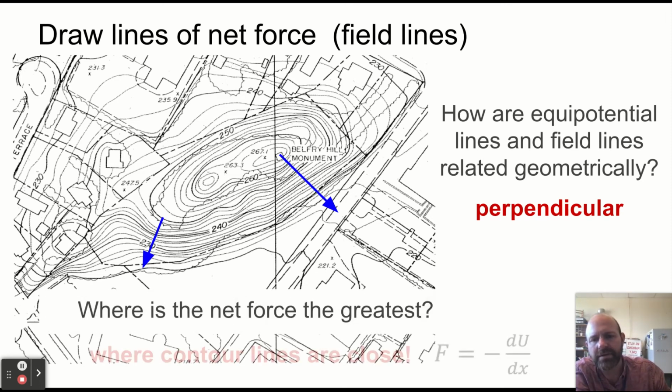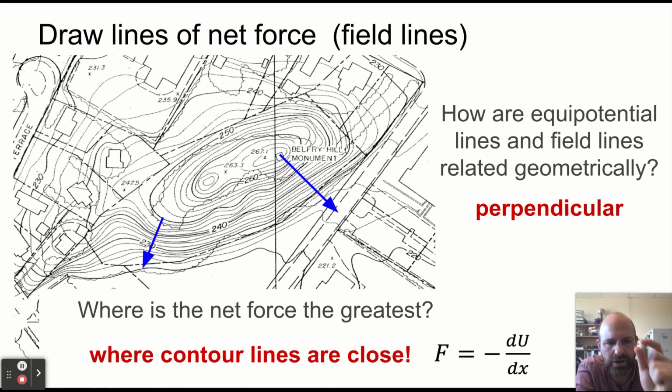So the net force is going to be the greatest where the contour lines are close. We remember this, hopefully, from our energy unit: negative dU/dx, the rate of change of the potential energy as a function of distance, the negative of that gives you the force. So where we have the steepest slope, the biggest change in potential energy with respect to distance traveled, we get the biggest force.